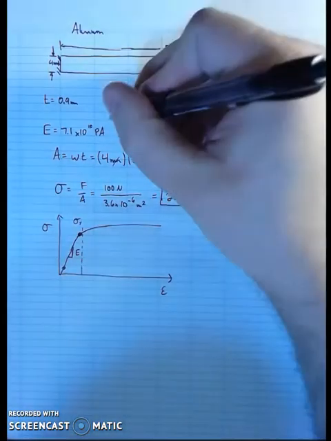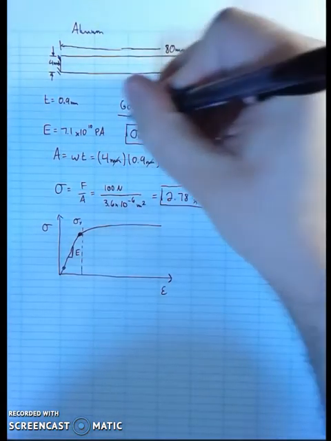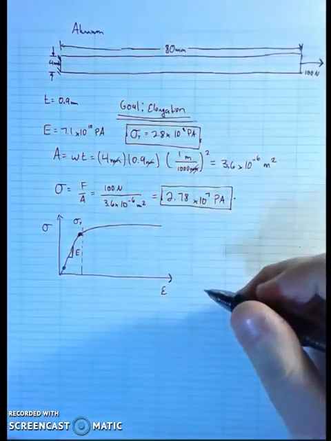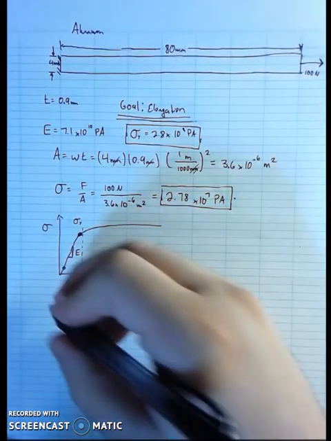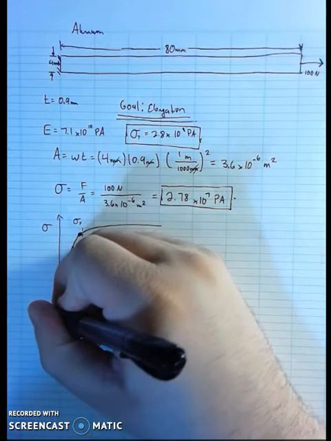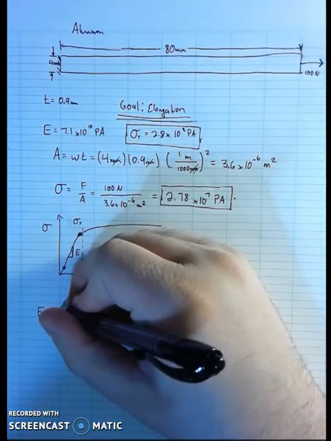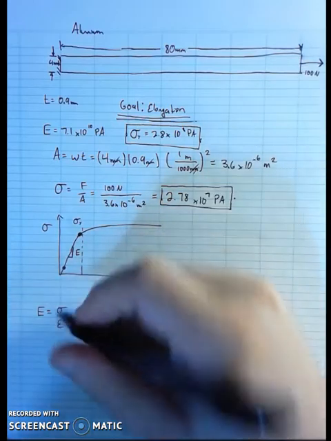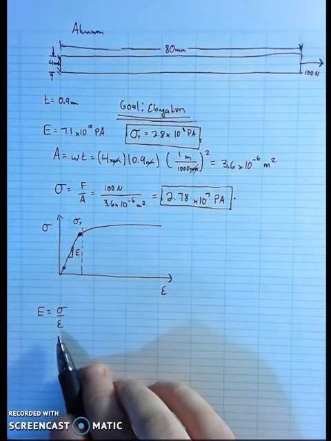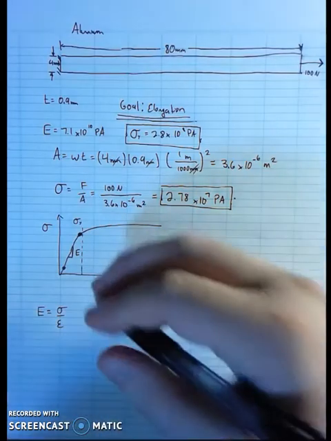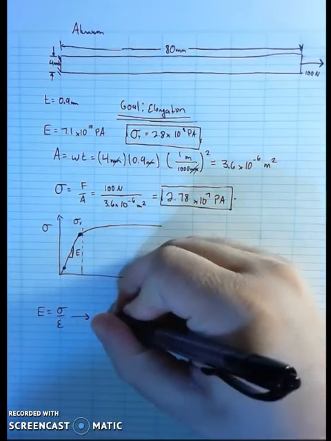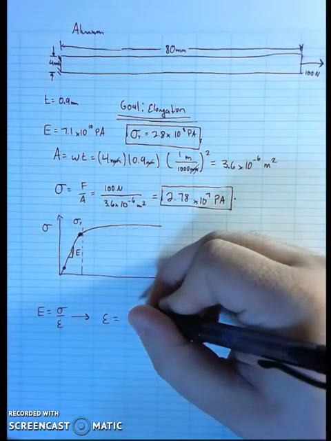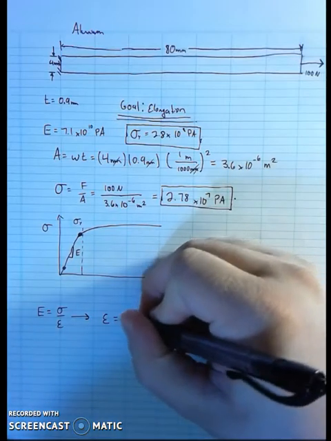Again, my goal is to get the elongation, and so we will now use the definition of the Young's modulus, which is the stress over the strain. I know that elongation has something to do with the strain, so I'm going to reorganize this using some multiplication manipulation.